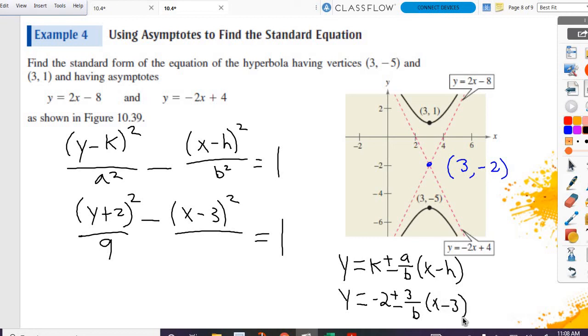So what would be the slope of that equation if we multiplied it out? So my slope ends up needing to be 2, because that's the equation that they gave us, right? So yes, this is my slope.